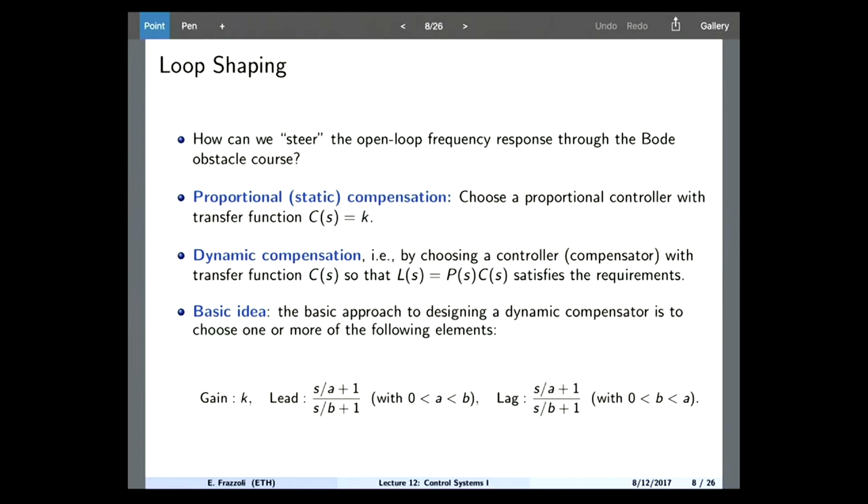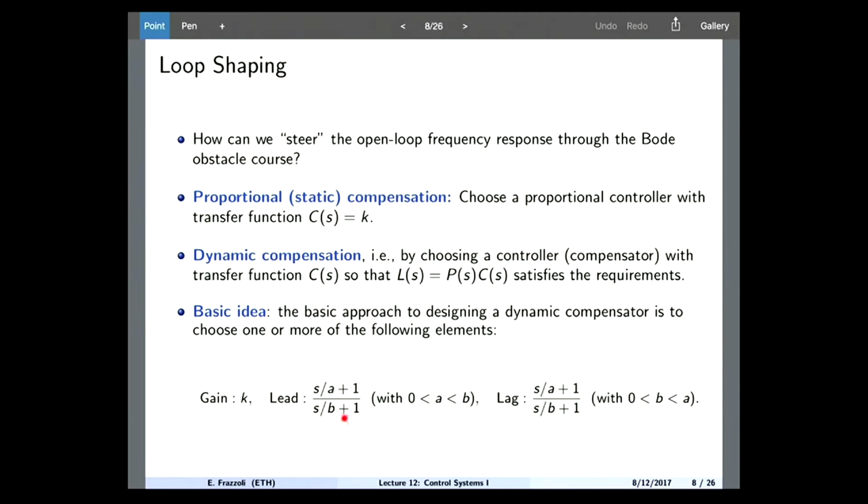Essentially, we just mix and match one or more of these basic elements, where the basic elements are a gain k, okay? Something that's called the lead, okay? So essentially we will look at this, kind of like simple fractions, where you have a first order polynomial in the numerator and a first order polynomial in the denominator, okay? So you see that this fraction here is the same as this fraction here, okay?